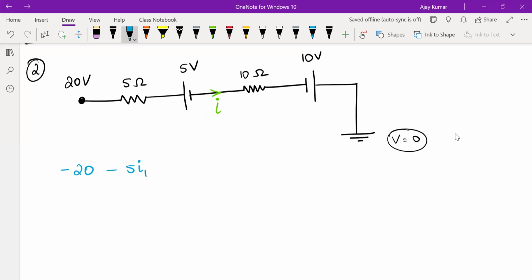Similarly, for the 5 we'll take it as minus 5, and minus 10I, and finally minus 10. Sorry, it'll be plus 10. Okay, plus 10. And you equate this to 0.